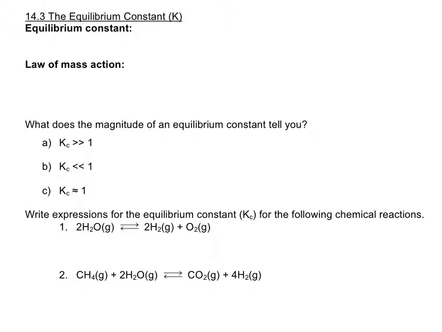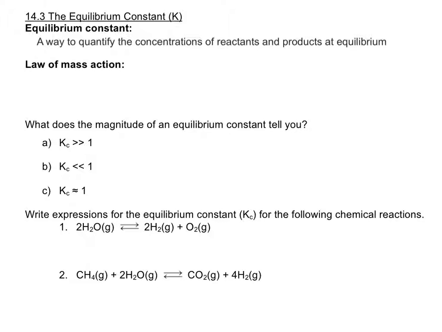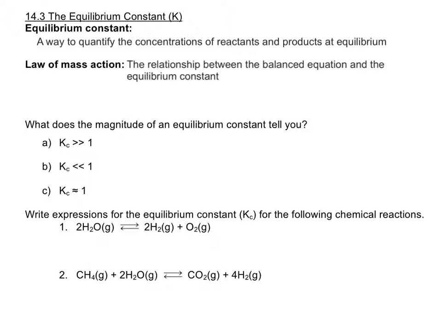Now, to express this equilibrium condition that I just talked about, we use something called the equilibrium constant, which is just a way to quantify the concentrations of reactants and products at equilibrium. And the law of mass action is a law that relates the balanced equation to the expression for the equilibrium constant.